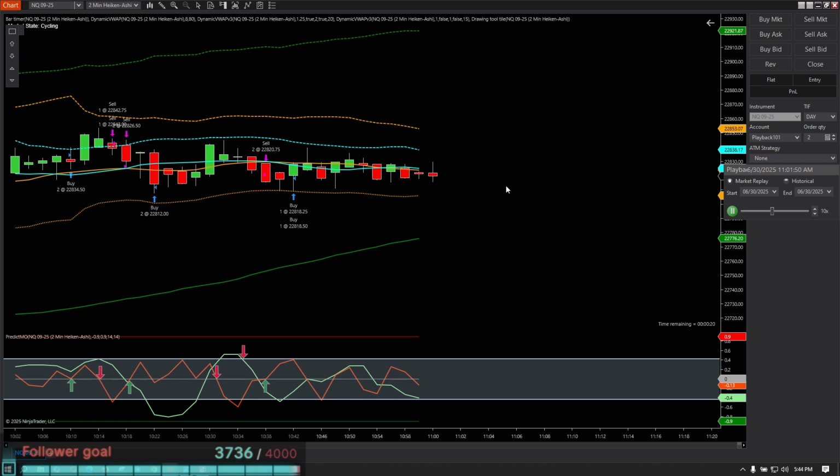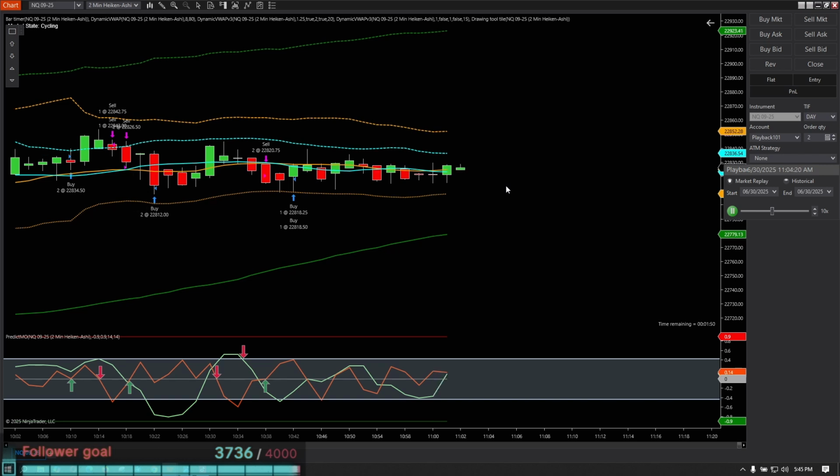And I'll probably run this till maybe 11:45, and then I'll switch it over to a 1 minute chart, which is a completely different dynamic than what you're seeing right here on a 2 minute. And that's going to bring it full circle when I show you the 5 minute chart as well. So right now we've got nothing but a bunch of noise right here.